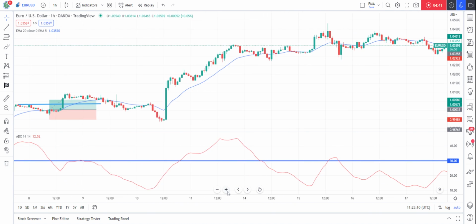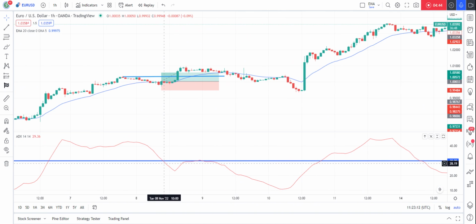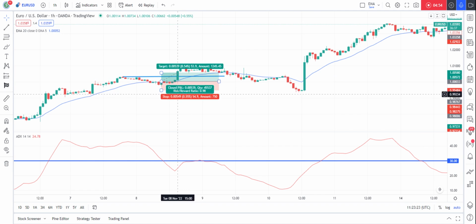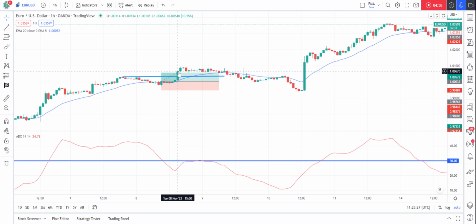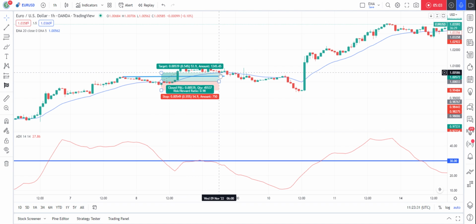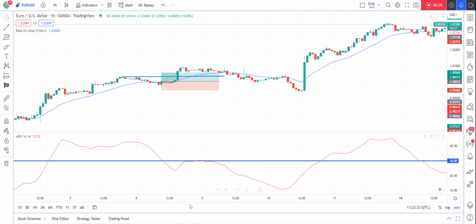Here's a very small one. ADX above 30, then it tends to be right about here, and it opens the trade, and then it crosses above the previous high, and then it closes at the EMA, right?